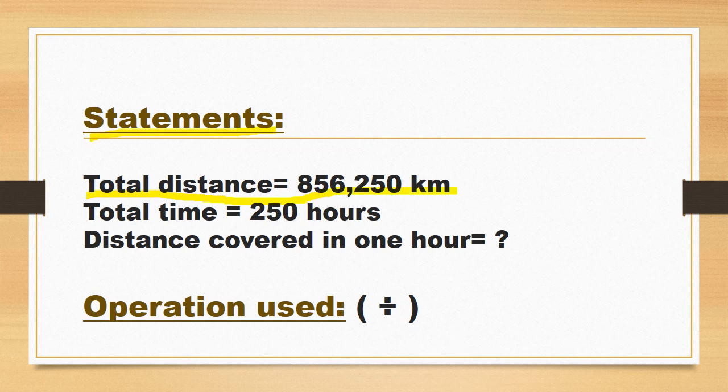The second one is total time it travels is 250 hours. And lastly, we have to find out the distance covered in 1 hour, or we can say we have to find out how many kilometers the rocket travels in 1 hour. So the operation we are going to use is division.